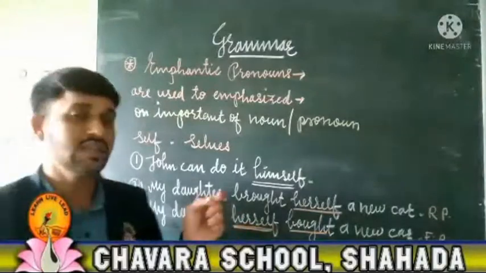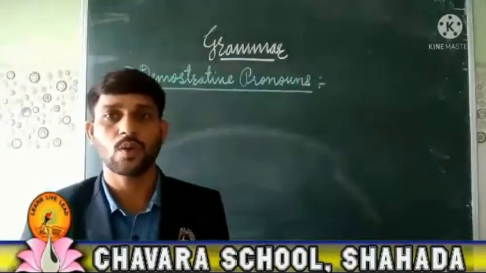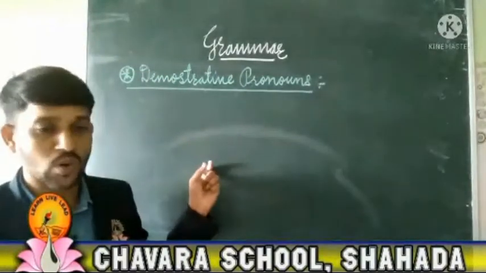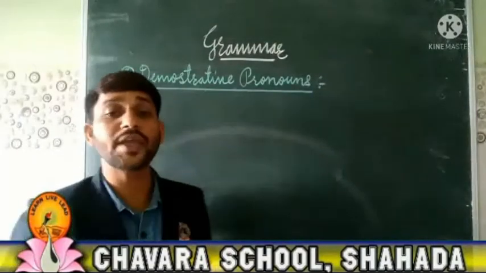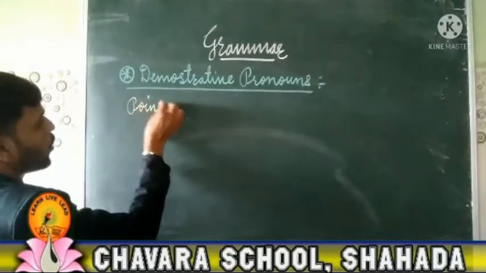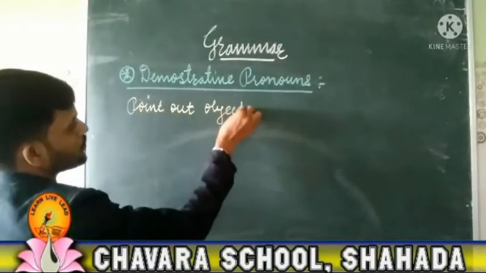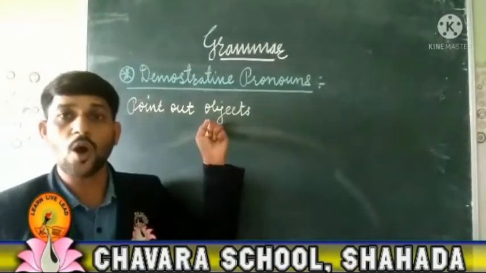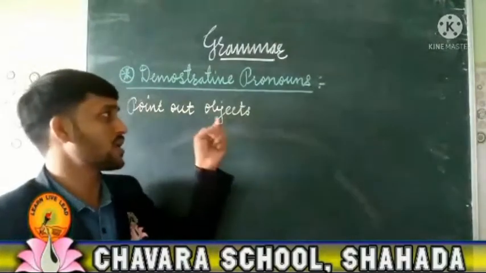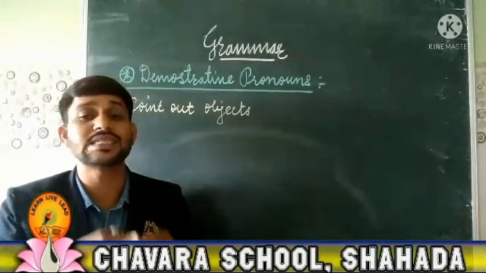Let us see the next pronoun, that is demonstrative pronouns. Demonstrative pronouns are pronouns used to point out objects. Objects means nouns referred to in a sentence.